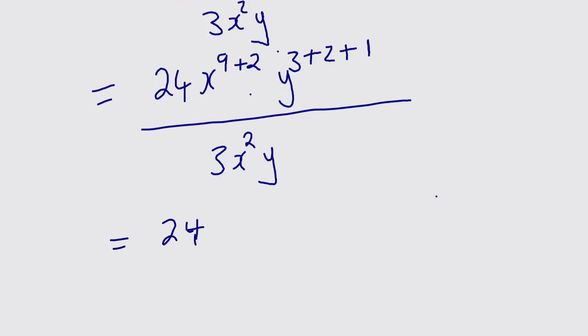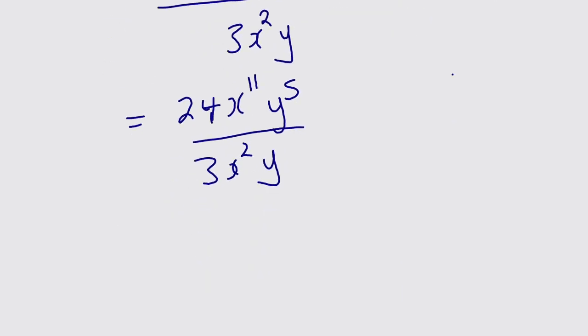We're going to have 24. 9 plus 2 is going to be x to the power 11, and for y, we're going to have 3 plus 2 plus 1, which is y to the power 5. Then to the power 2y.